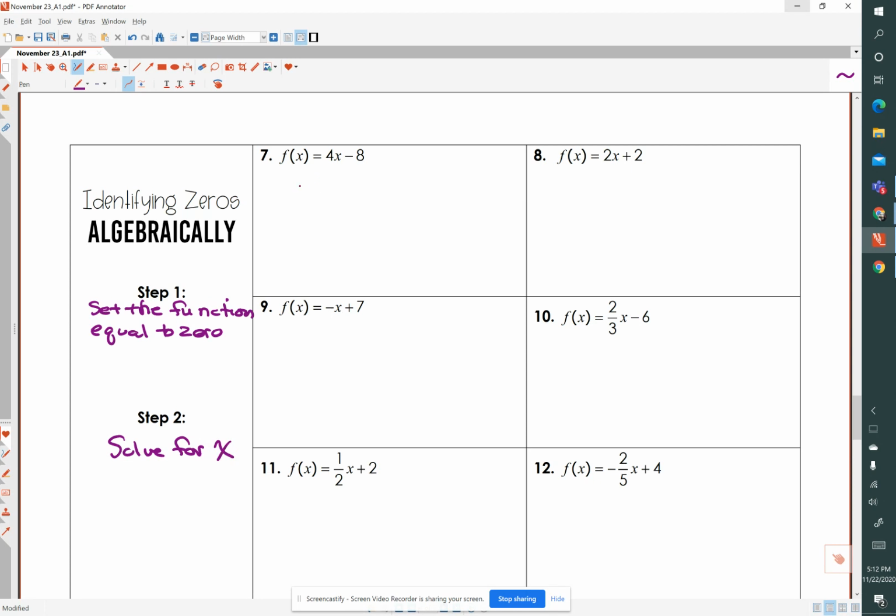So if we set this equal to 0, number 7, 4x minus 8 equals 0. We add 8 to both sides. 4x equals 8. We divide both sides by 4, and x equals 2.